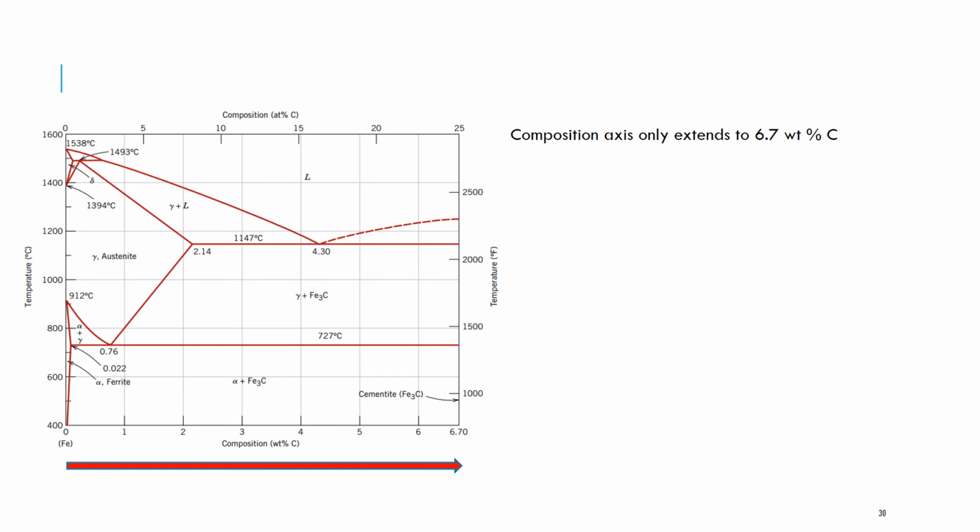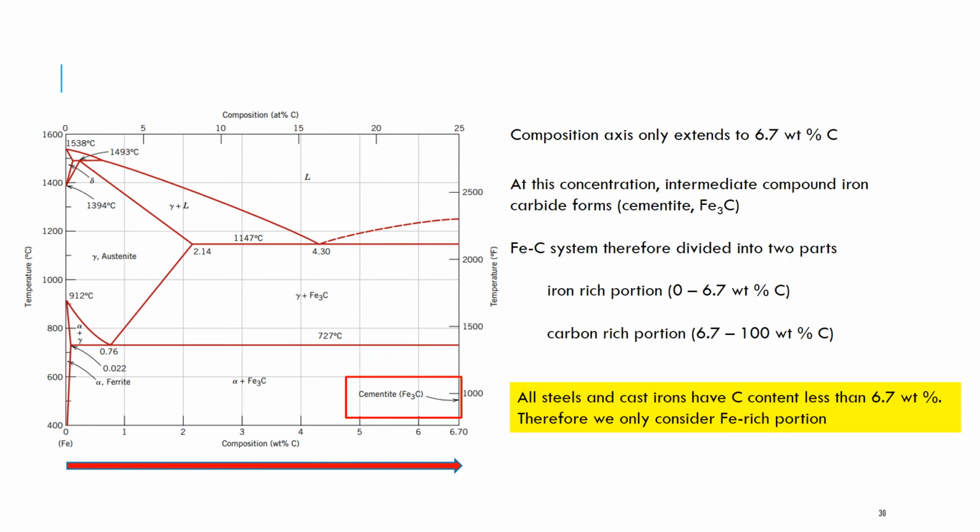Now, what you'll notice is that for my iron-carbon system, that composition axis only extends to 6.7 weight% carbon. And that's because after 6.7 weight% carbon, an intermediate compound, iron carbide, forms. So we divide the iron-carbon system up into two distinct parts. From 0 to 6.7 weight% carbon, there is an iron-rich portion.